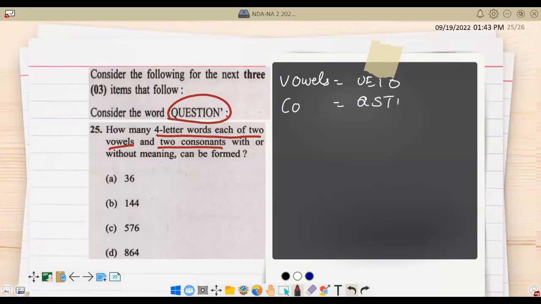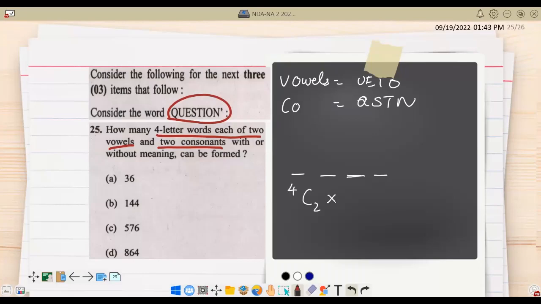So we have 4 vowels and 4 consonants. From this, we need to form 4-letter words. So we have 4 places. For these 4 places, we need to select 2 vowels. So for that, we need to take 4C2.